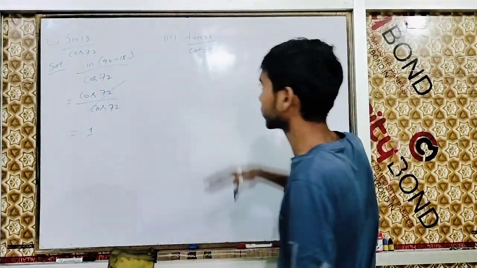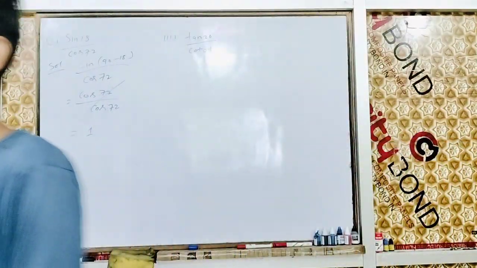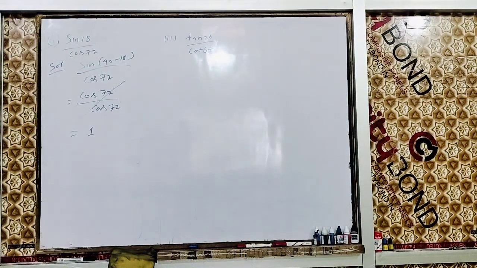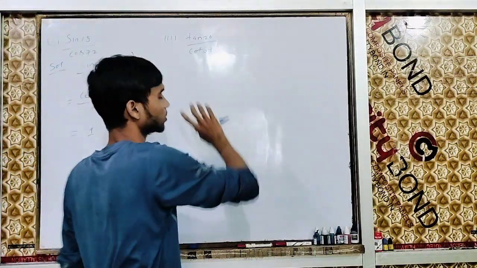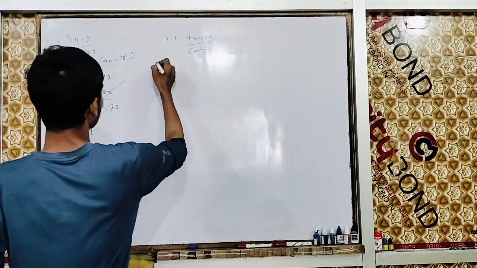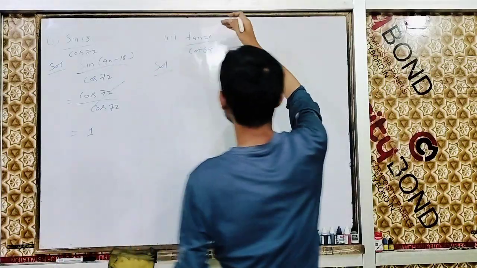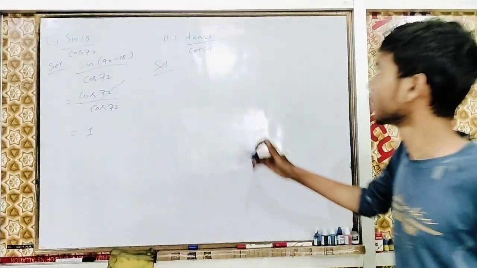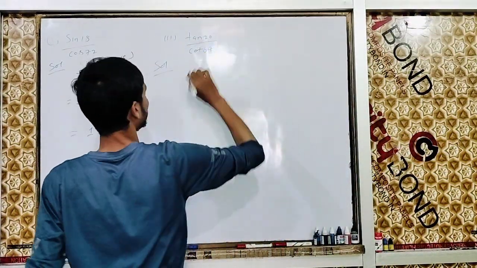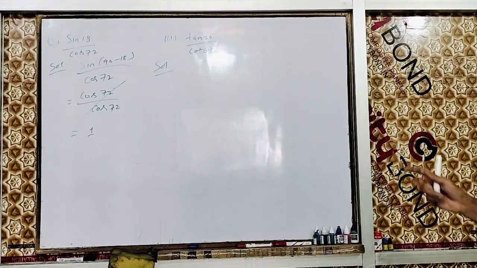The same here you can say. But remember, these are questions based on complementary angles. Now let's see. Only one thing you will have to modify. Either you can modify this or this. So tan 26, we know that when we subtract 26 from 90, it will give us 64.